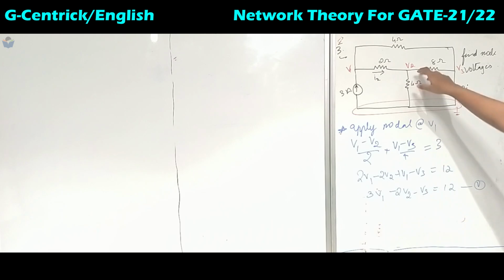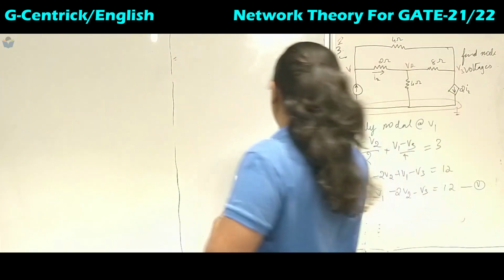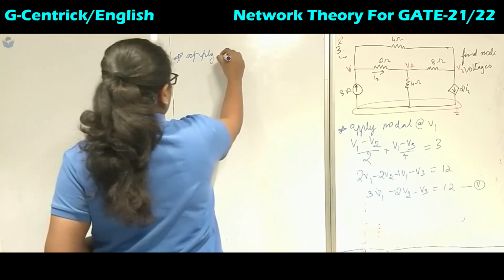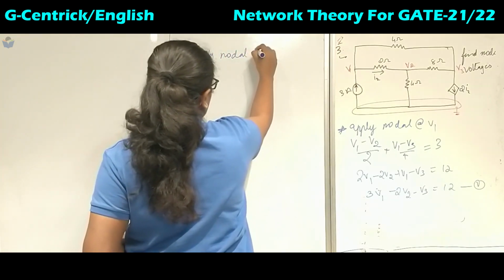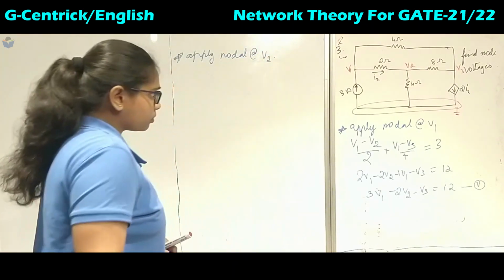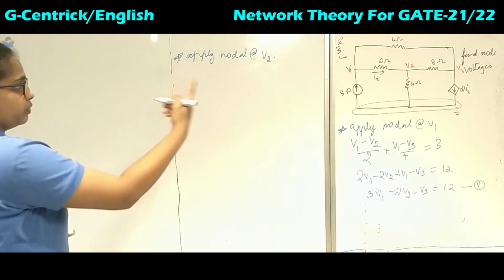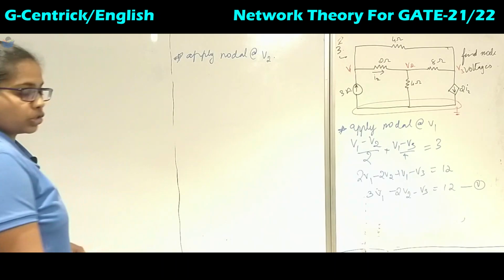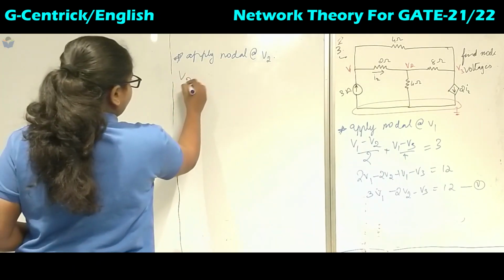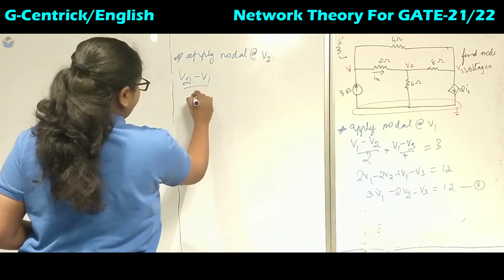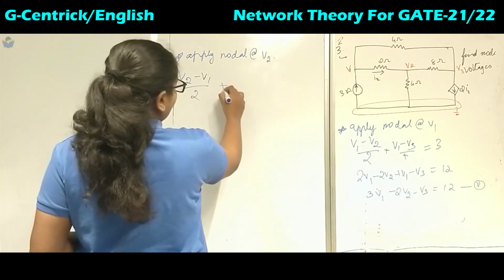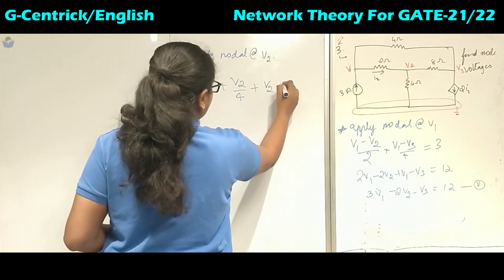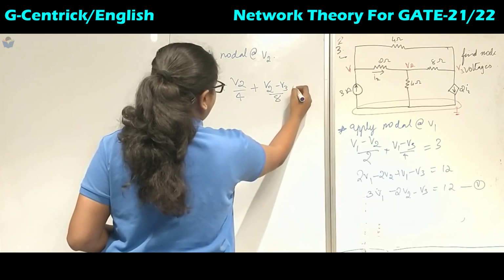So coming to the V2, applying nodal at V2. So when we apply nodal at V2, we have to assume V2 is at higher potential and ignore this direction of Ix. So we will get V2 minus V1 by 2 plus V2 by 4 plus V2 minus V3 divided by 8.